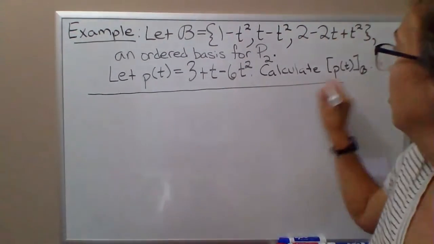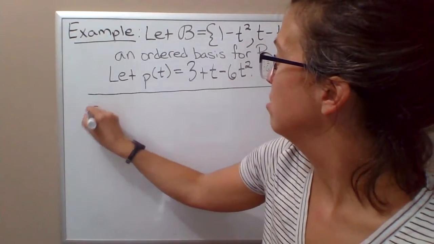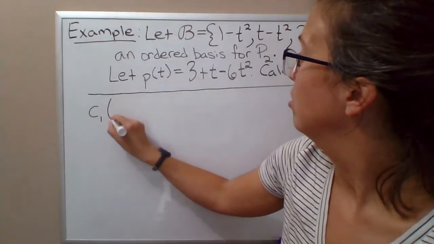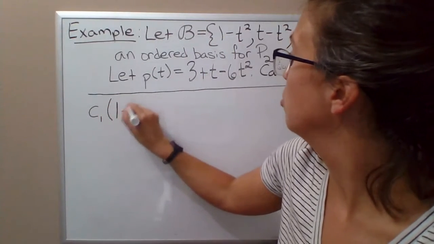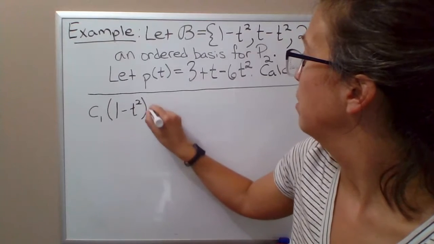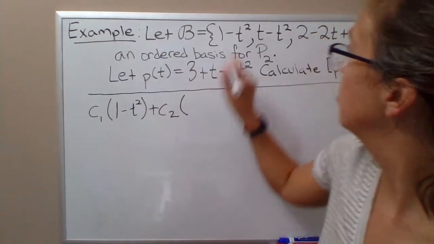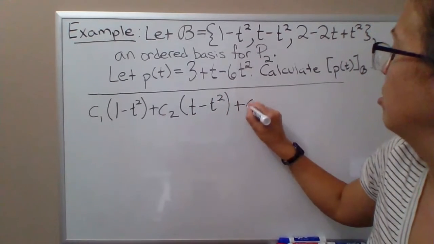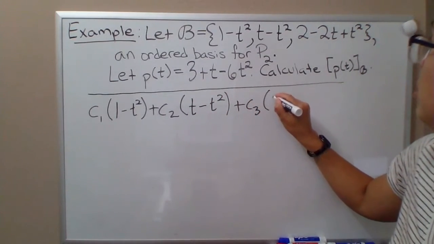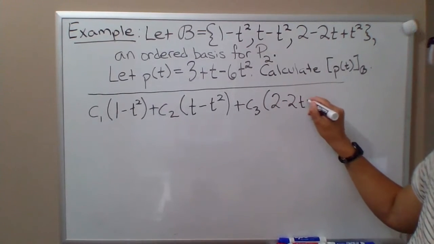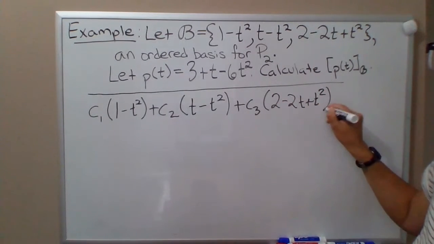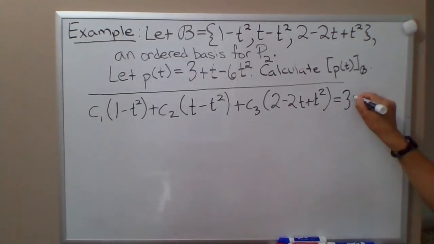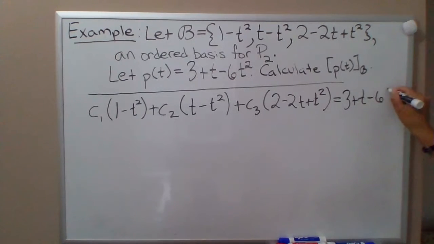So we're looking for the weights C1, C2, C3, where C1 times the first polynomial, 1 minus t squared, plus C2 times the second polynomial, t minus t squared, plus C3 times the third polynomial, 2 minus 2t plus t squared, is equal to our given polynomial, 3 plus t minus 6t squared.